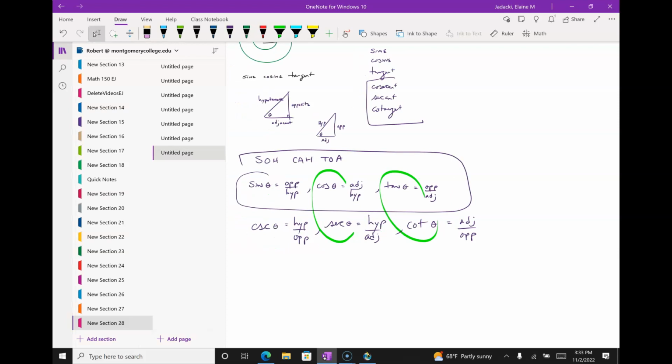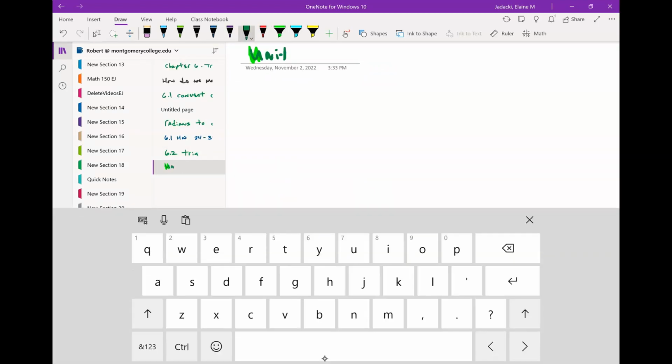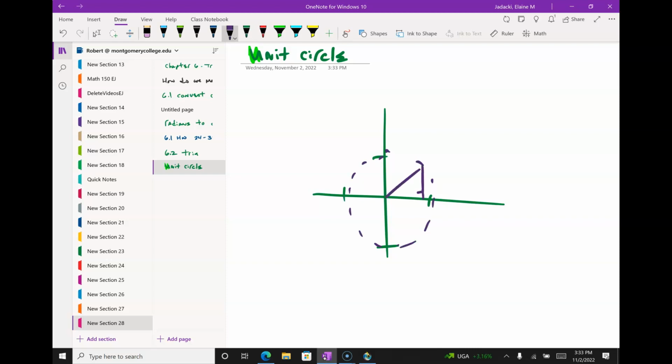So what we do is we take a unit circle, which is a circle of radius 1, and we take a look at our triangle. Now my radius is 1. I'm going to call the height y, and I'm going to call the base x.